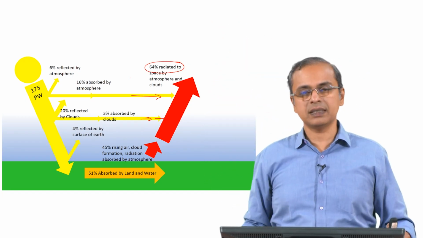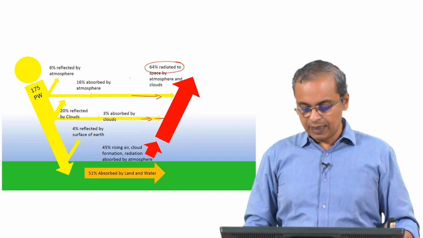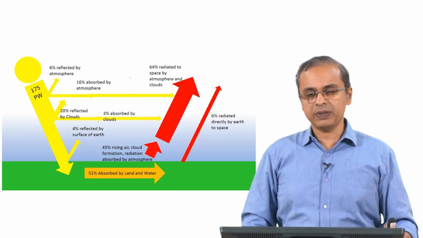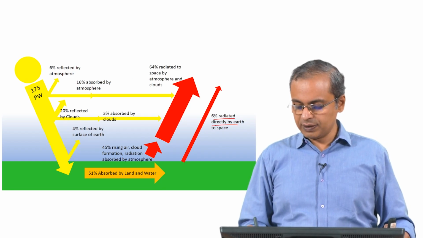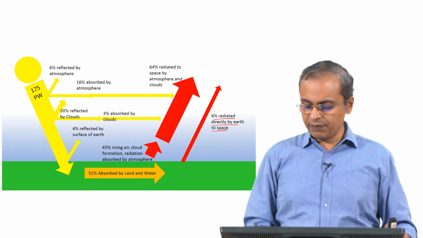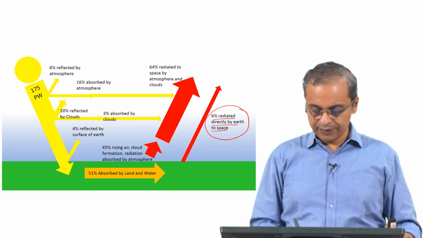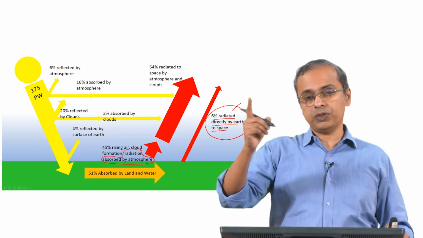So, 64% is radiated back to space by the atmosphere and the clouds, and there is also a small percentage remaining here, about 6%, that is getting directly radiated by the earth to space. The difference between what I am referring to here and what I am referring to here is that this radiation here is going straight into space.